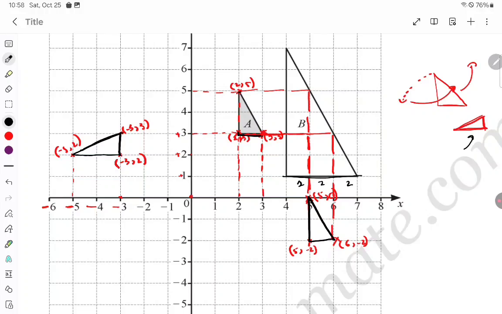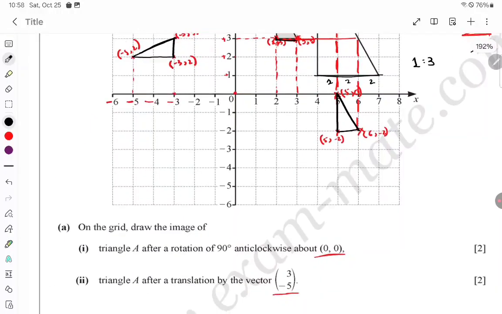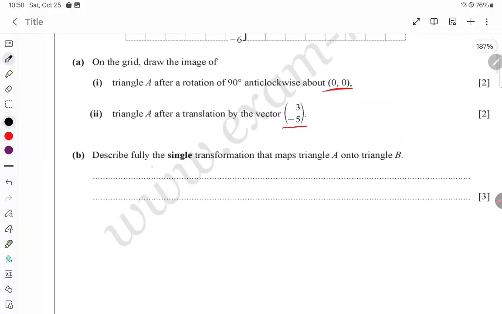So we can say that the single transformation is an enlargement by a factor of 3, because this is the ratio of 1 to 3. So we can write: enlargement by a factor of 3.